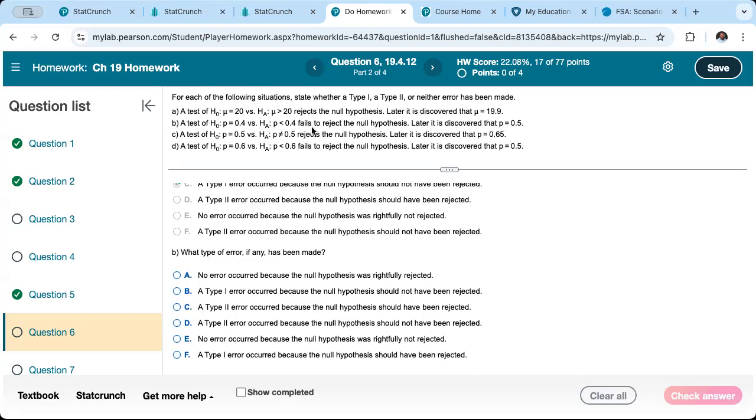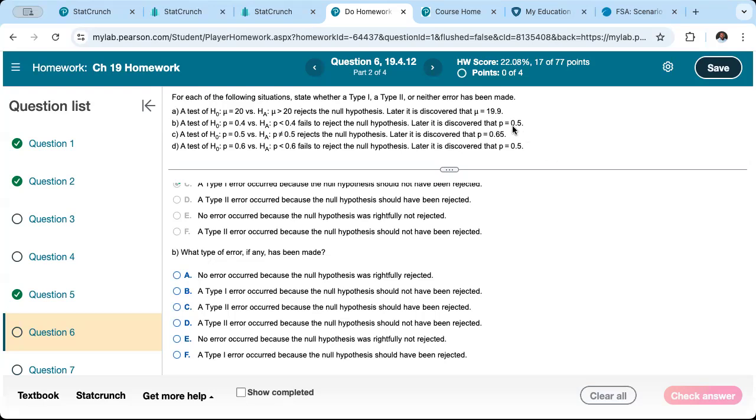They failed to reject the null hypothesis. Is that okay? So they are saying that P is not less than 0.4. In technicality, that's what they mean. Is that okay? And then P is 0.5. Were they right or they were wrong? Right. Is that okay? If they had rejected, it means that they are saying P is less than 0.4.